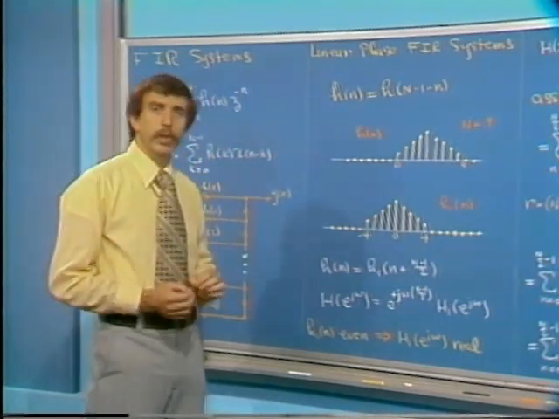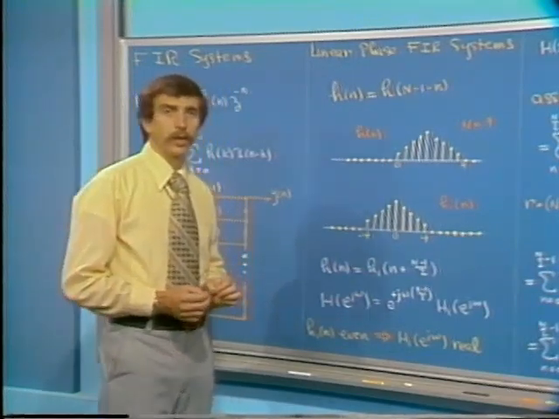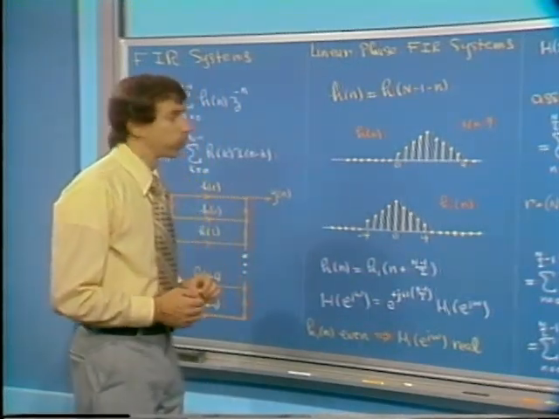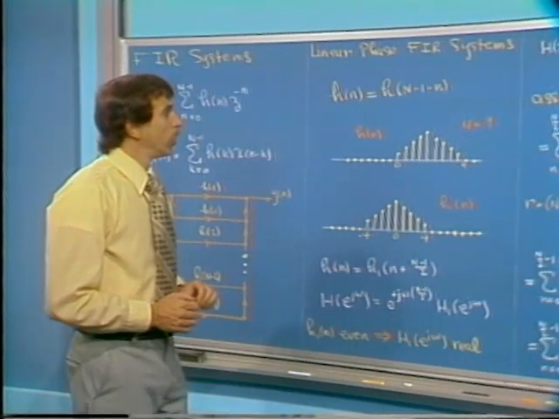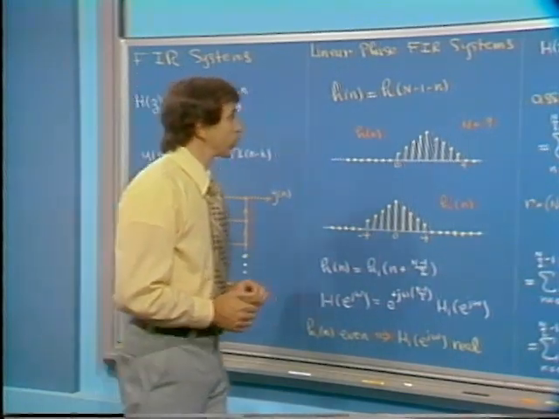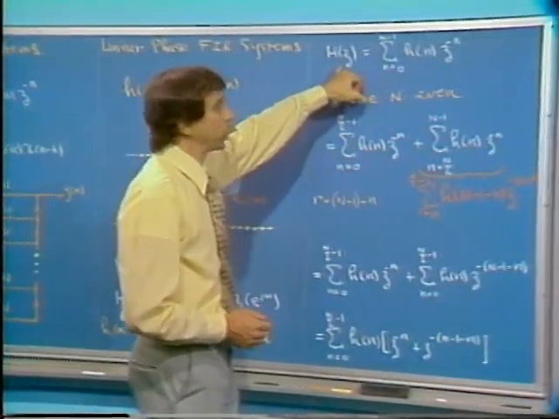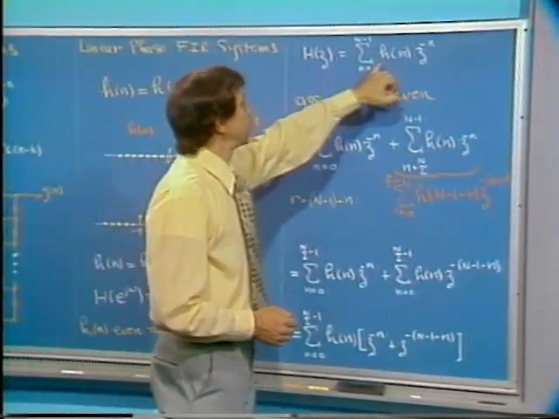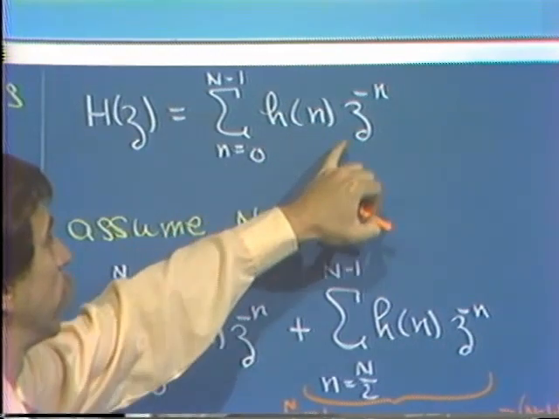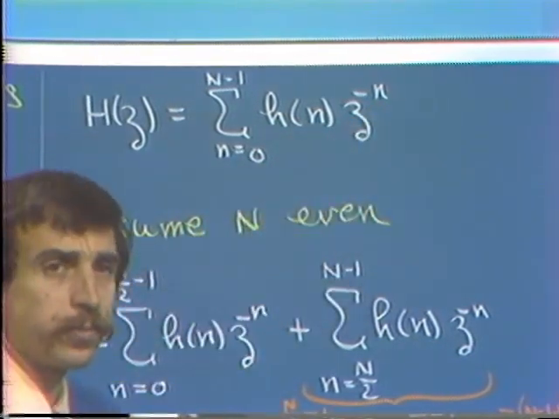Now, how can we exploit this in the implementation of finite impulse response systems? Well, let's look first of all at the general expression for the z transform of the system, h of z, given by a sum of h of n, z to the minus n.